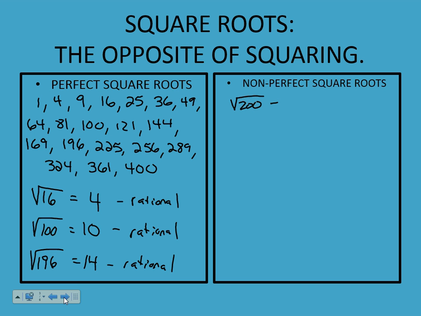Put in second square root 200 and hit enter. What do you get? 14.1421. Any more? No, and I may miss one. It's okay. But what I am going to say is, does it end? Is it terminating? No, the calculator just rounds it off.